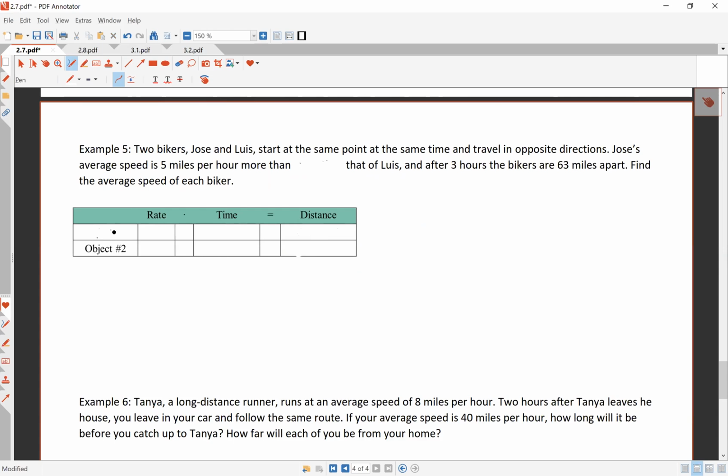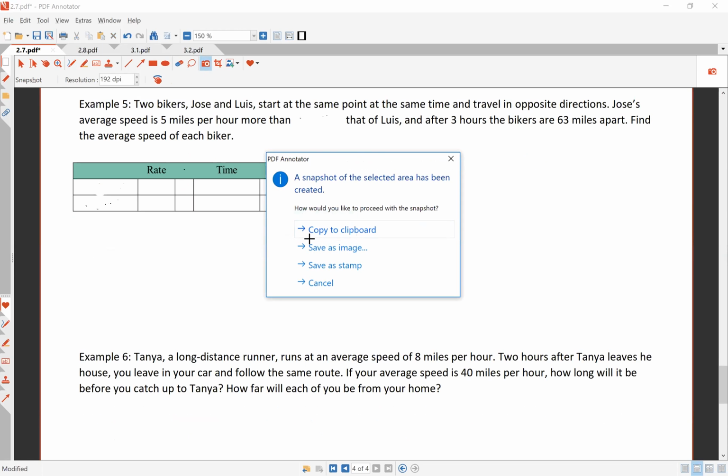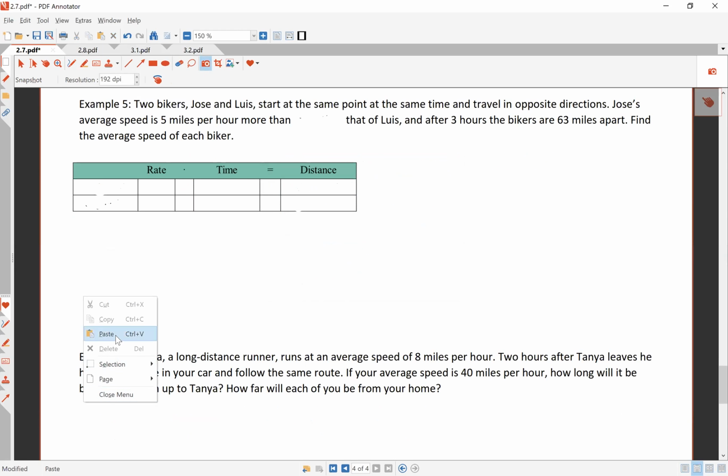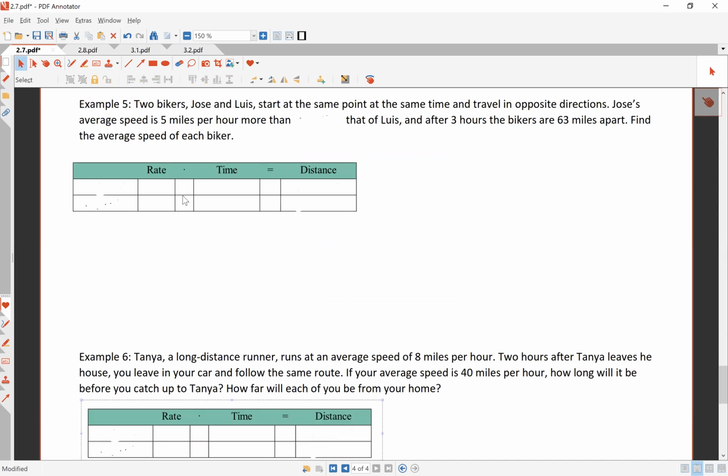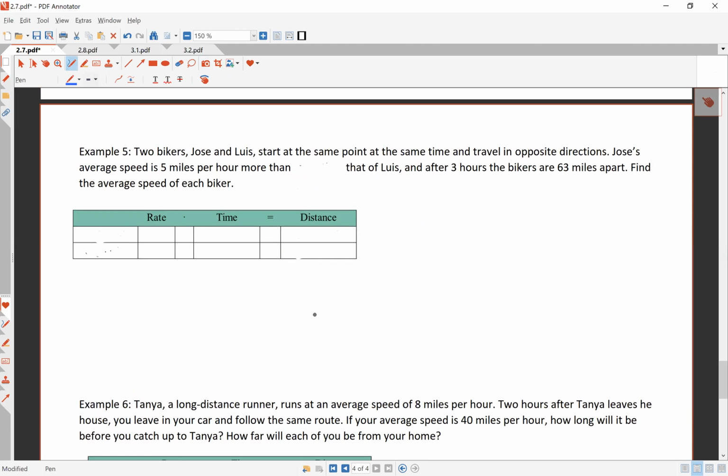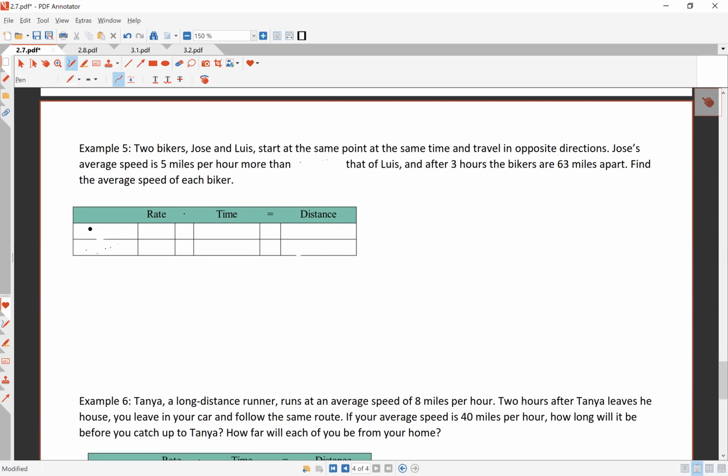Okay, so the two objects traveling are Jose and Luis, and we're going to put those right where we have object 1 and object 2. Object 1 is Jose.